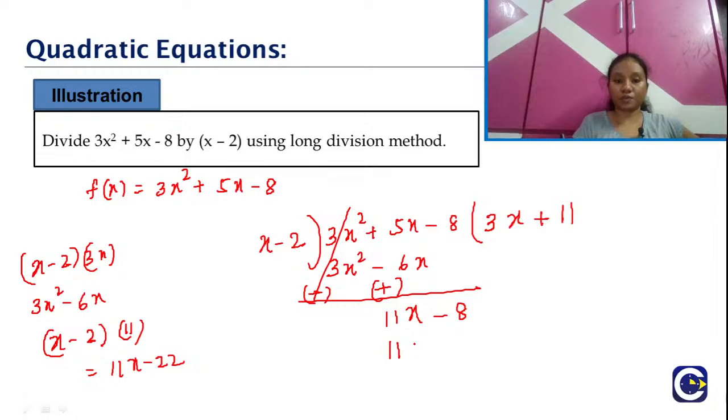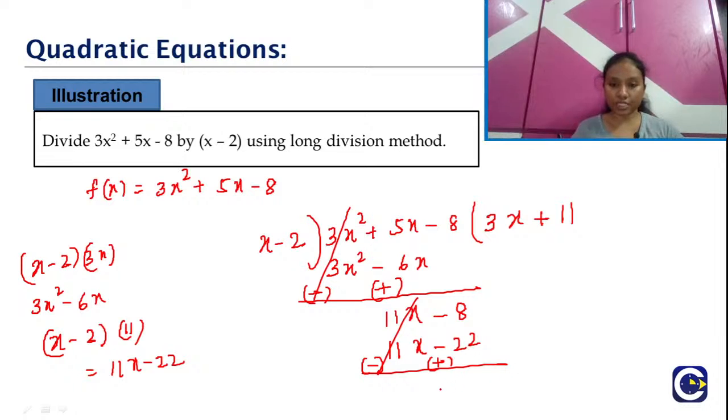That will be substituted here. Again with minus, the 11x gets cancelled and we'll have plus 22 minus 8, which will be plus 14.